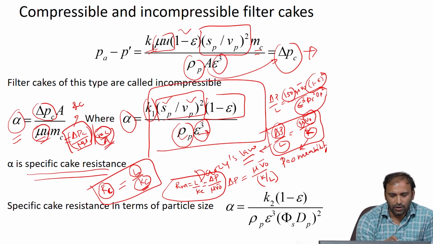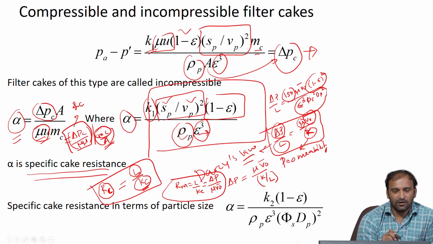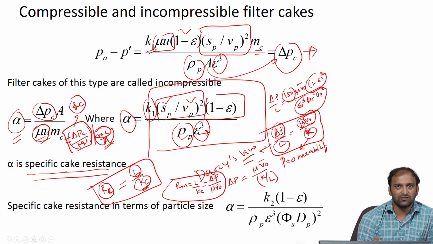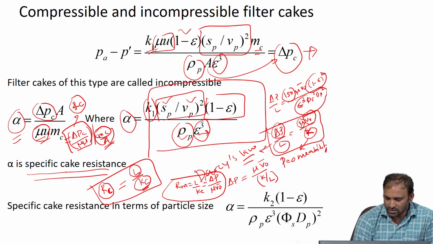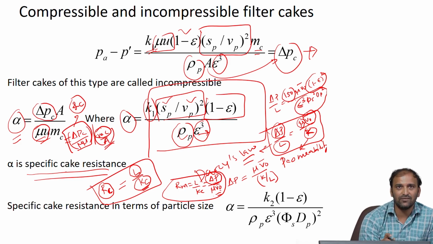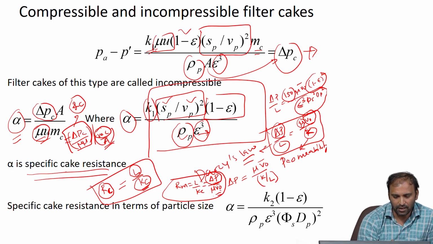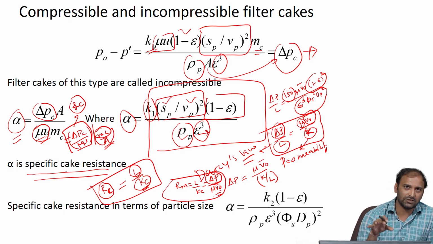So your alpha, which is the specific cake resistance, is defined as Rc, the resistance of the cake, which in the case of flow through a packed bed is delta P divided by mu V naught bar. In this case, it is delta Pc, the pressure drop across the filter cake, divided by mu times u, where u is the superficial velocity, divided by mc by A, the mass of the cake developed per unit area of the filter cake.